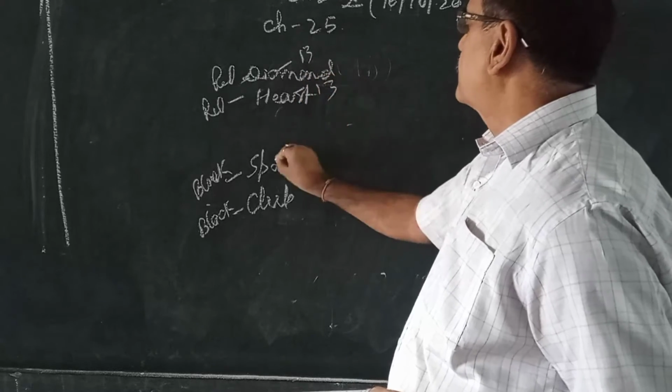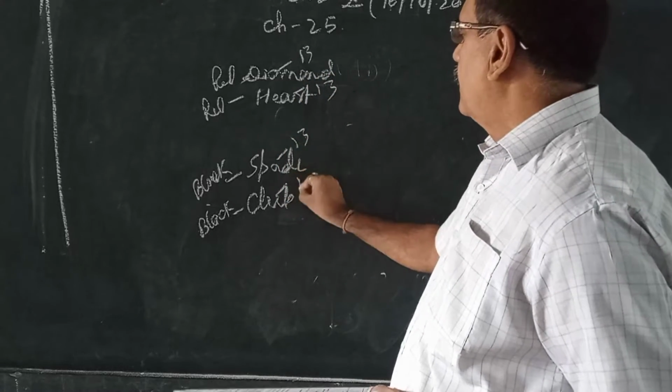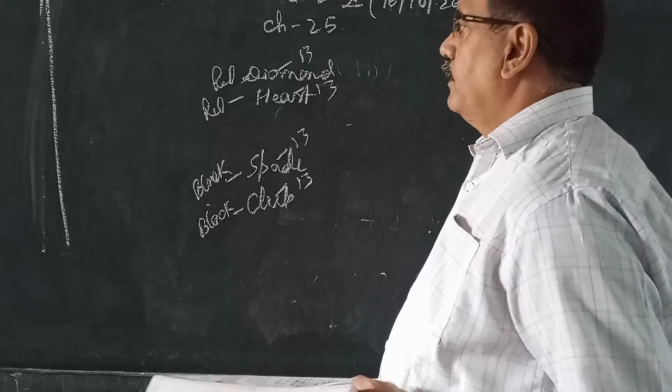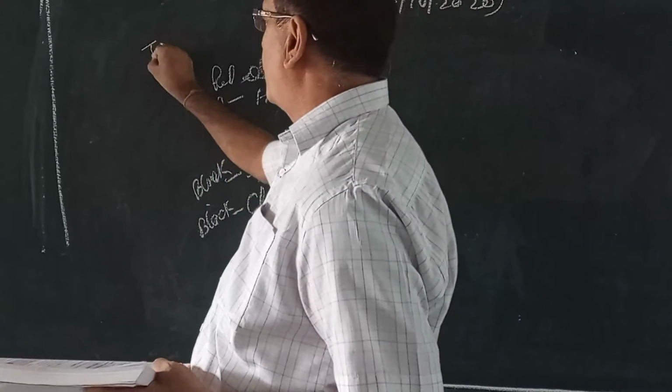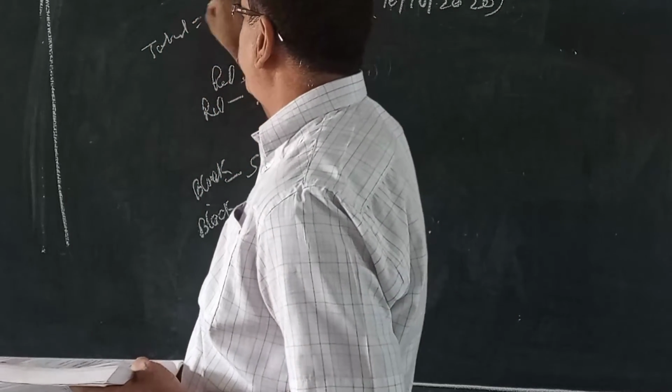So 4 times 13 is 52. So the total number of cards is 52.